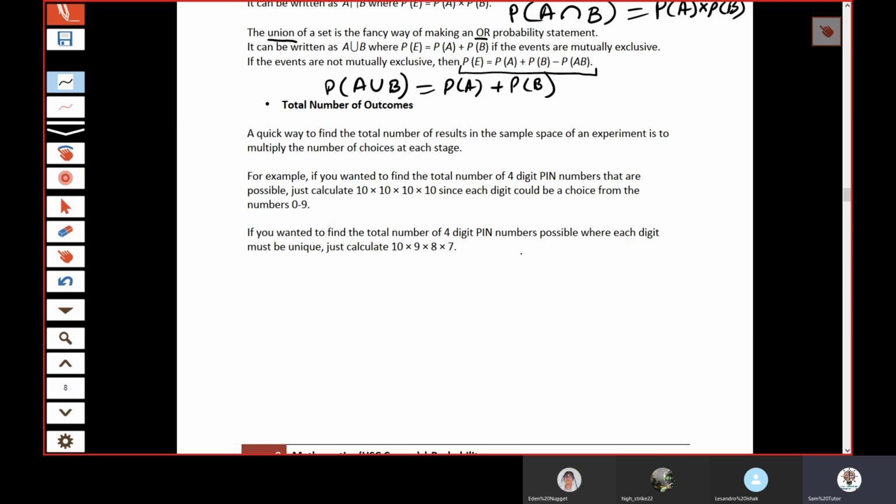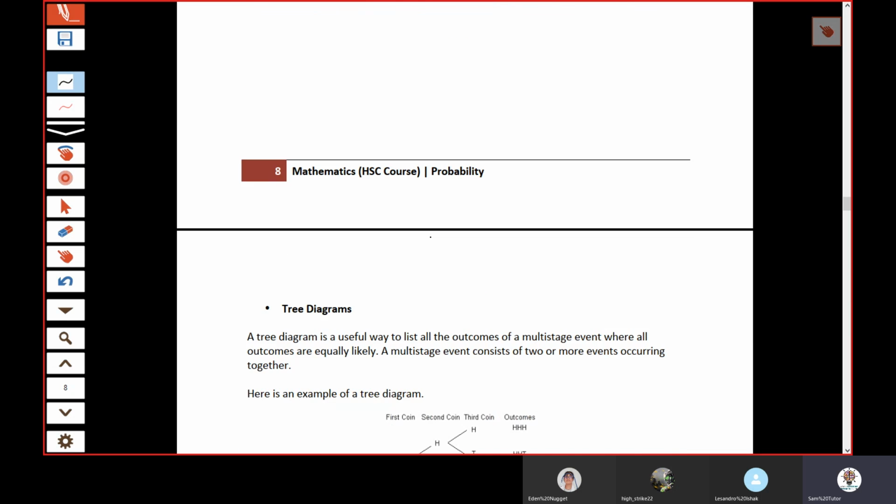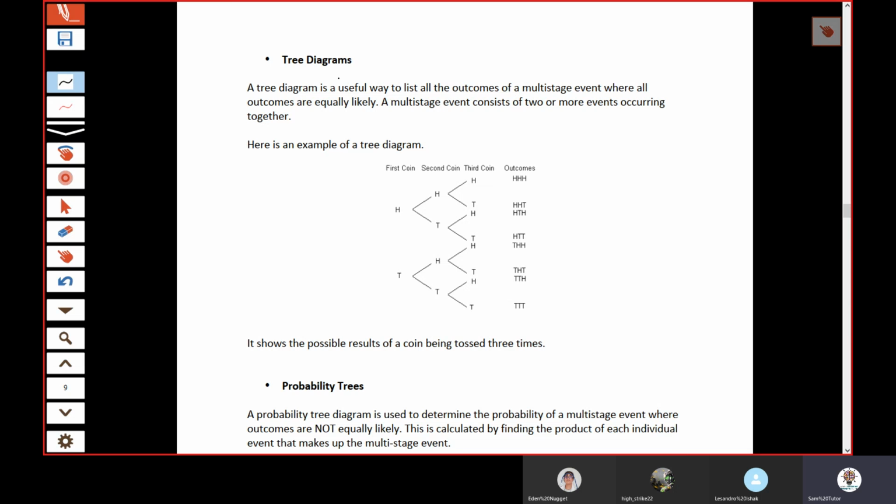Okay. Tree diagrams. A tree diagram is a useful way to list all the outcomes of a multi-stage event where all outcomes are equally likely, and a multi-stage event consists of two or more events occurring together. Here's an example. First coin, second coin, third coin. So this is first event, second event, third event.